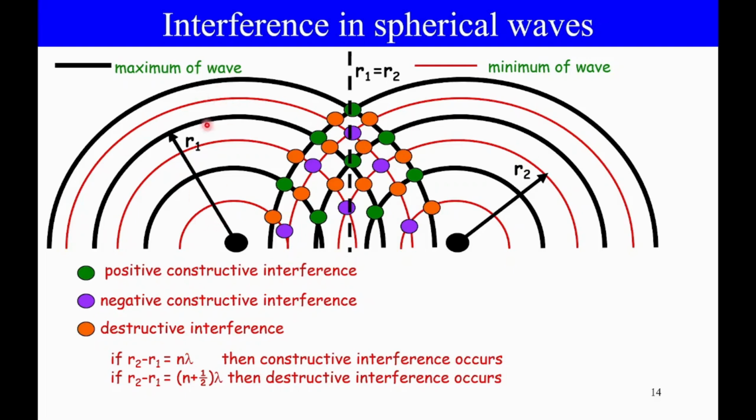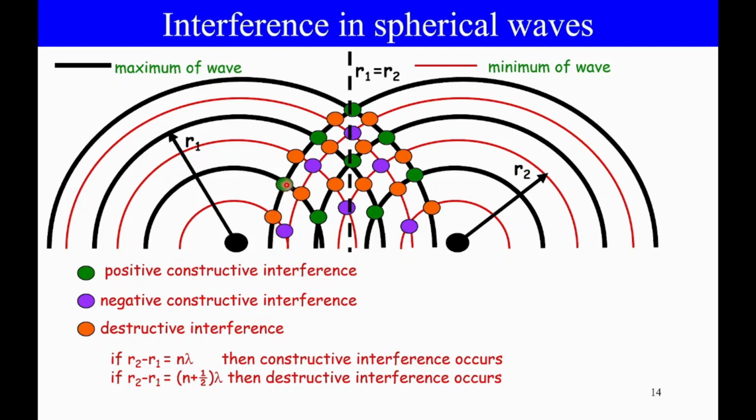If you observe this diagram carefully, here the red color, which is known as the minimum of the wave, will superimpose on the maximum of the other wave. Now, this position is called destructive interference.